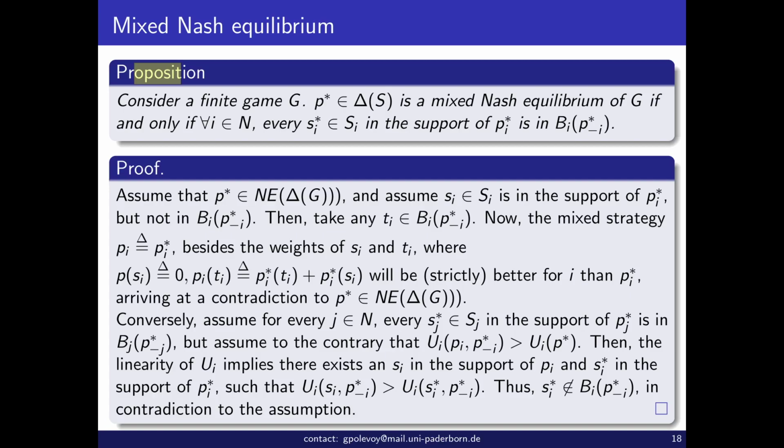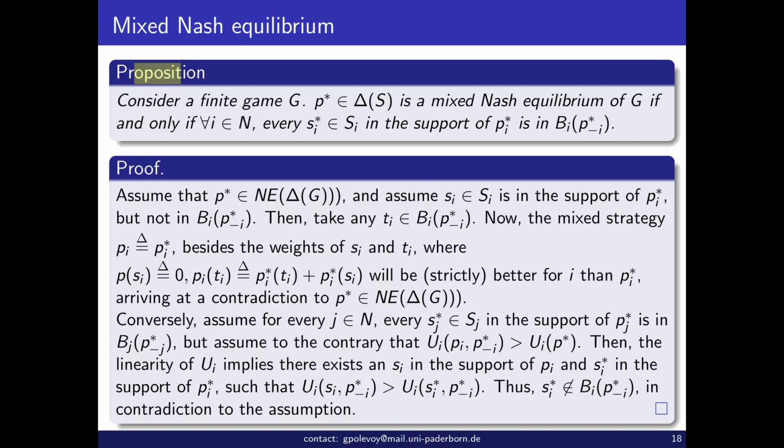It will give a strictly better result for I than P star I, contradicting the assumption that P star is a Nash equilibrium in the mixed extension. So assuming that P star is a Nash equilibrium, we proved that for each I, everything in the support of P star I has to be a best response.